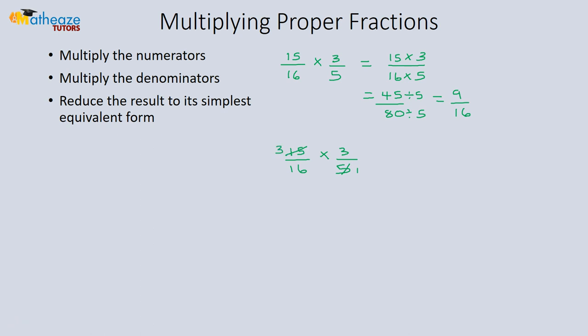And so what we have now is 3 times 3 over 16 times 1. So this is going to give us 9 over 16. So regardless of what approach you use, you're going to always end up at the same spot if you've done it right the first time.